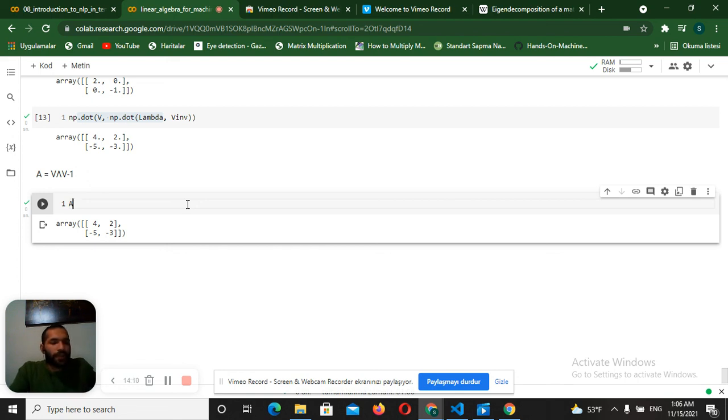We have to understand these things, because the meaning of matching these two things, eigenvalues and eigenvectors, is very important for our equation system.